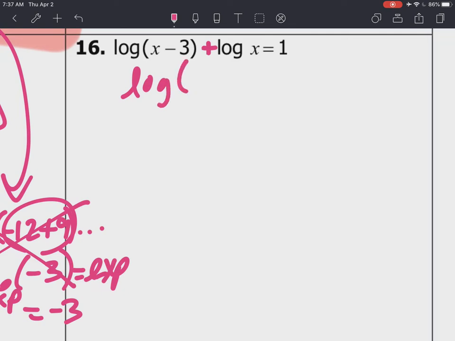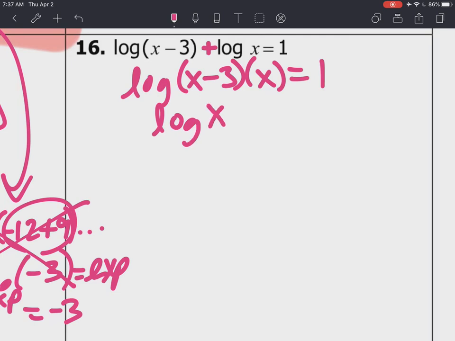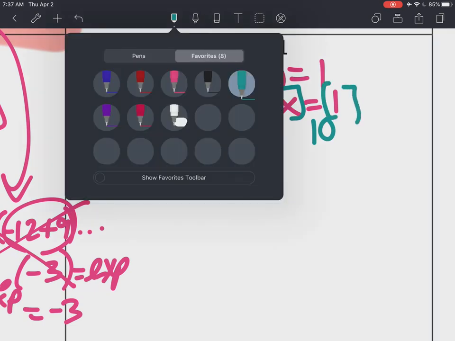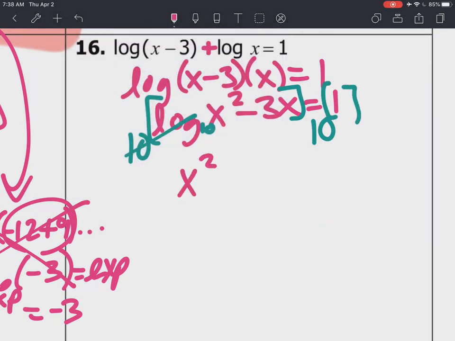Now for the last one. Don't forget that addition means multiplication, so we are going to multiply. Then you get x squared minus 3x. Then you have to do the opposite of log, and don't forget if log has no base, it's an invisible 10. So 10 on both sides.